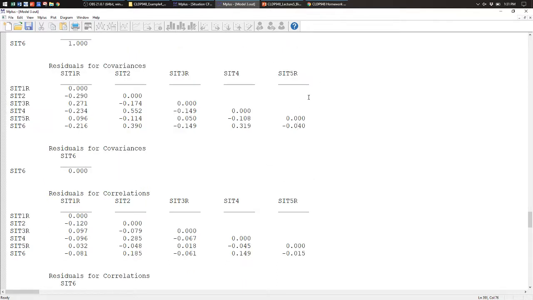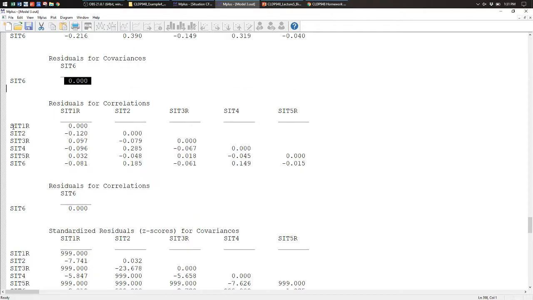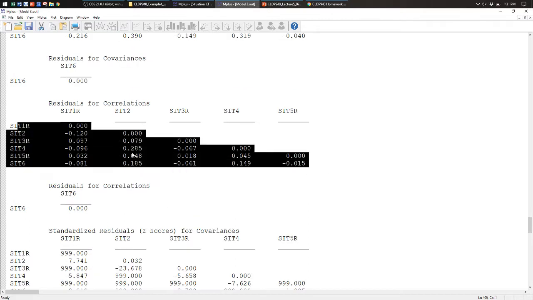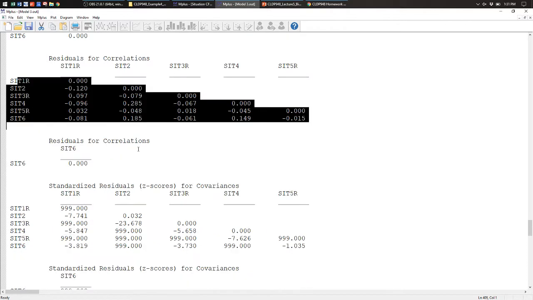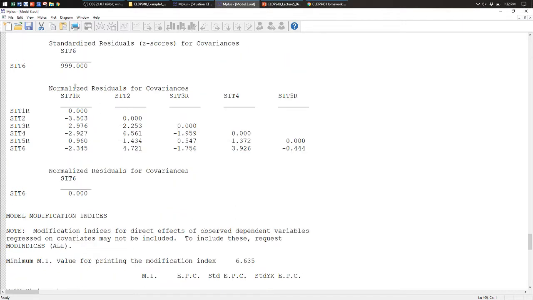The text wraps around, so here's the last column and row of what should be a 6 by 6 matrix. Here is how far off each of the correlations is, which actually is a new piece of output I don't remember seeing before. Here's the standardized version, and then finally we get to the normalized version, which is the thing you've been looking for. And I think this is on about page 26 of the output by now.